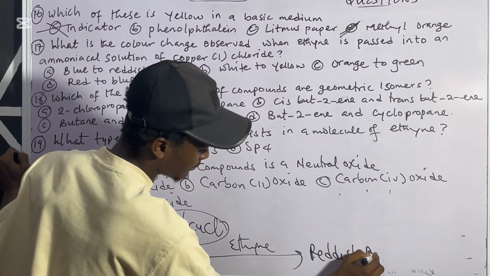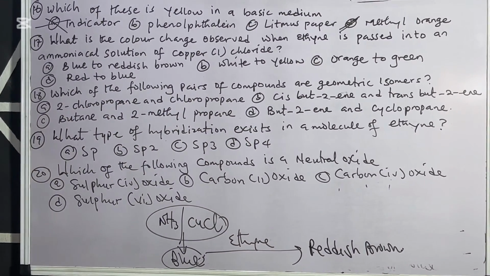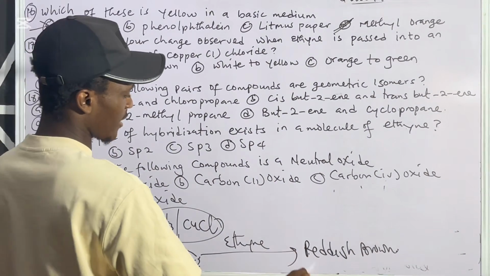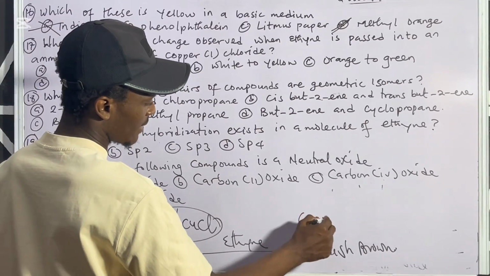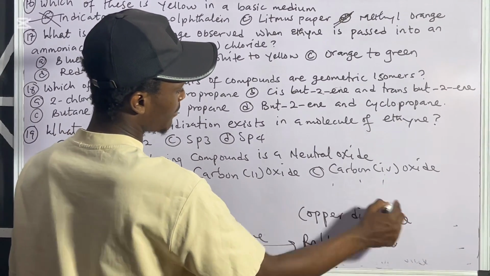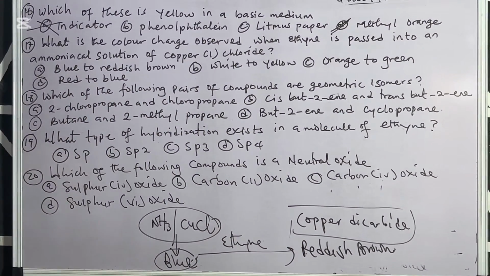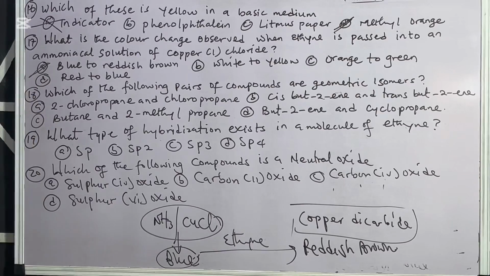All right. And the reddish brown is actually called copper dicarbide. So the copper dicarbide that will be formed is reddish brown. So the correct option is blue to reddish brown, which is option A.